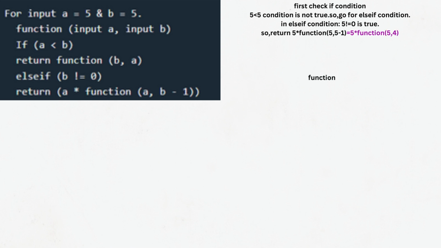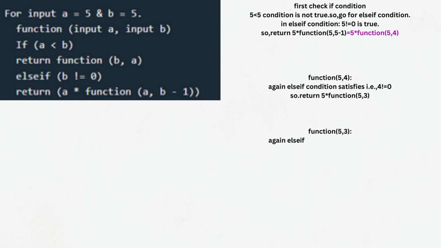Function of 5 comma 4 will be again executed in the else if block, as 4 not equals 0, so it returns 5 into function of 5 comma 3. Function of 5 comma 3 is again executed in the else if block, it returns 5 into function of 5 comma 2.